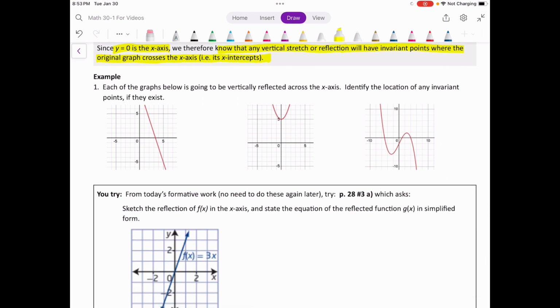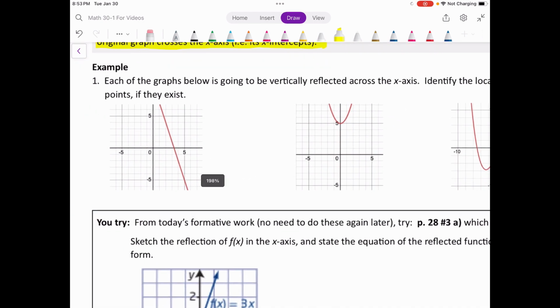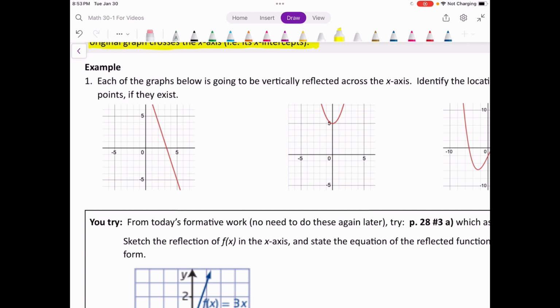So, pretty quick example here. Each of the graphs below is going to be vertically reflected across the x-axis. Identify the location of any invariant points if they exist. Well, do you see anywhere that wouldn't change if we multiplied every y value by a, by negative 1, I guess, if it's vertically reflected? What about there, right? Invariant.